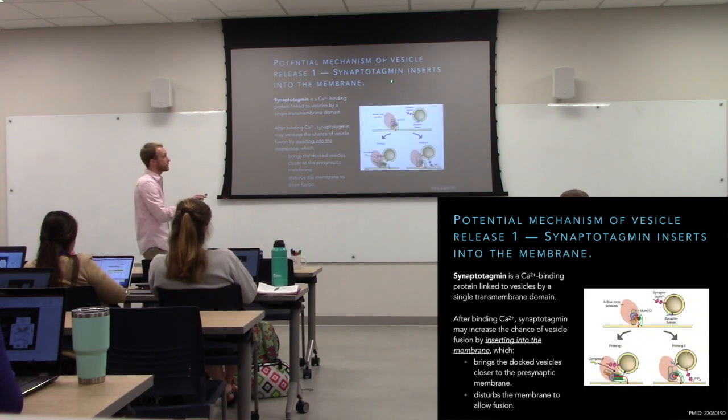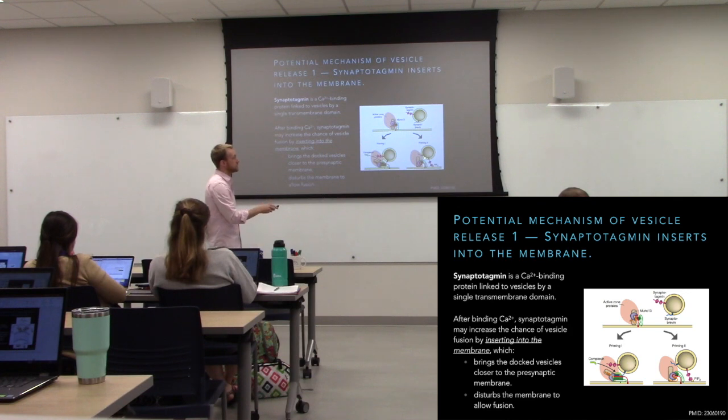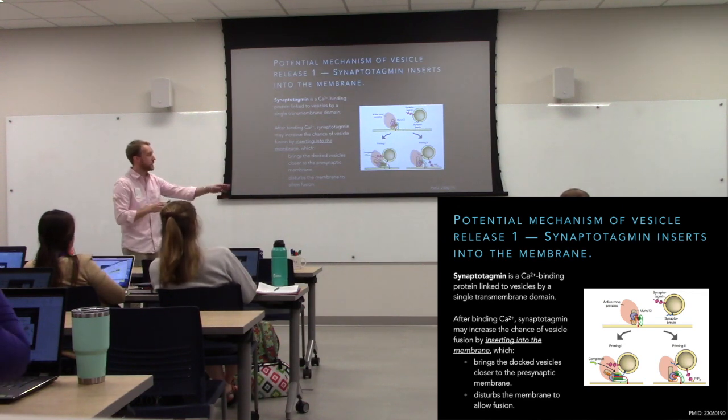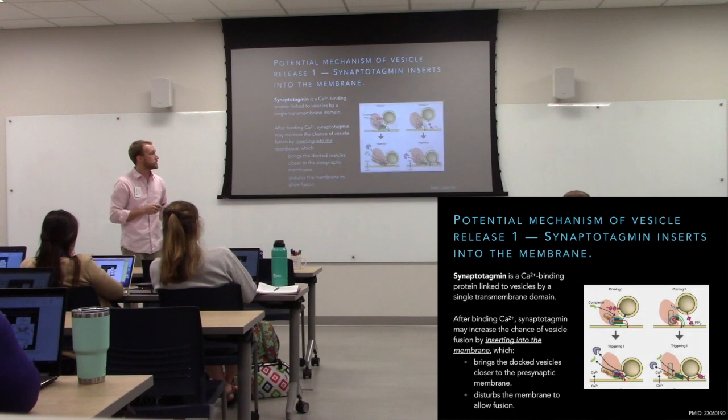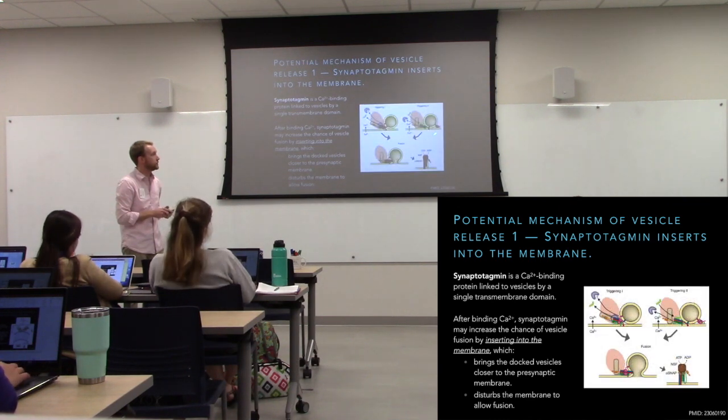We're going to go down the right-handed path here. So when we're primed, synaptotagmin is outside of your SNARE complex. So we're not thinking about the SNARE complex right now. Synaptotagmin's out there floating around. What it's going to do is insert into the membrane to pull the vesicle closer and drive fusion.